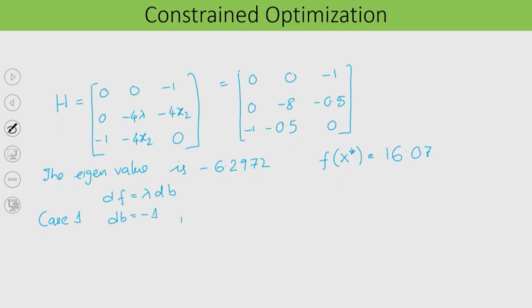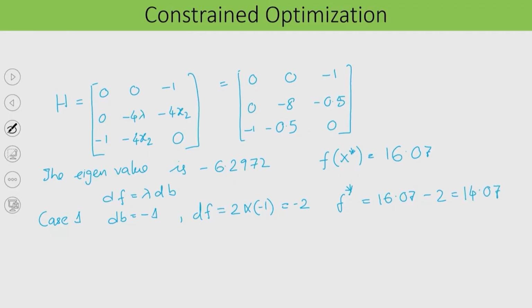Then df is equal to 2 into minus 1, which is equal to minus 2, so the new f star value will be 16.07 minus 2, so we will get 14.07.